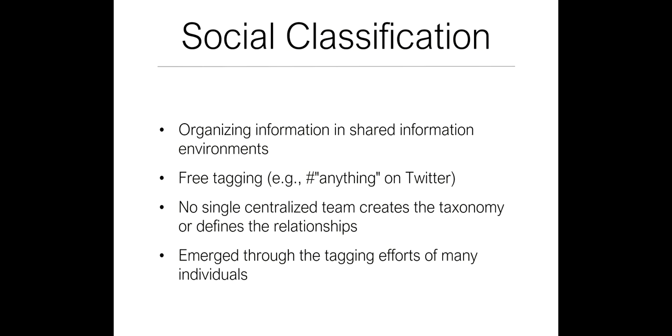The information is shared between information environments, and this may allow such things as free tagging, such as hashtag anything, so to speak, on Twitter, which then allows you to explore more content based on that hashtag. No single centralized team creates a taxonomy or defines relationships. It's done entirely by the users of the system, and this has emerged through the tagging efforts of many, many individuals as an aggregate.